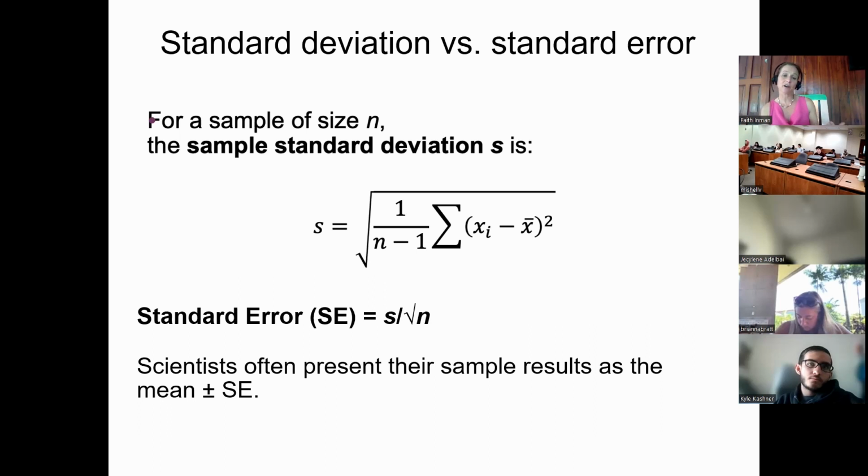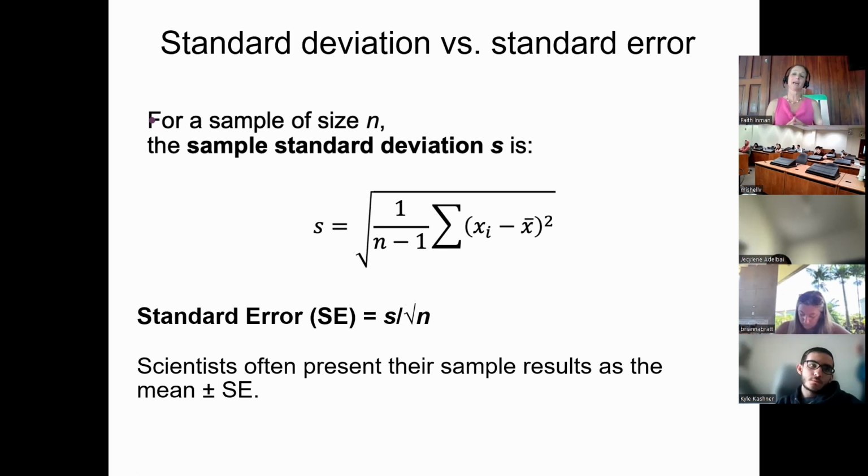And the standard error is the standard deviation divided by the square root of n. I won't expect you to memorize this big formula for the standard deviation. But you do have to know the formula for standard error. It's pretty simple. I think you can learn it.